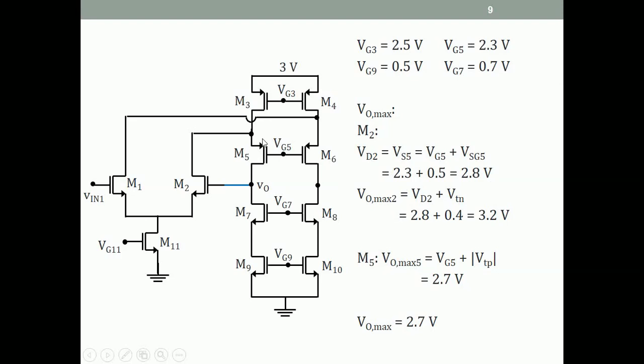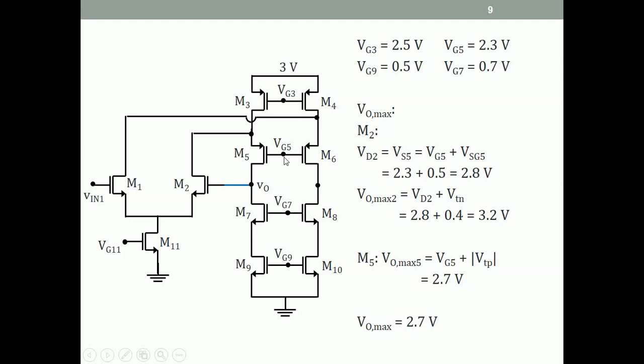So Vd2 is 2.8 volts. For M2, the gate voltage has to be less than Vd2 plus Vt, so 2.8 plus 0.4, 3.2 volts. This is not even a limit because nothing is going to go above 3 volts. So we are safe from M2.